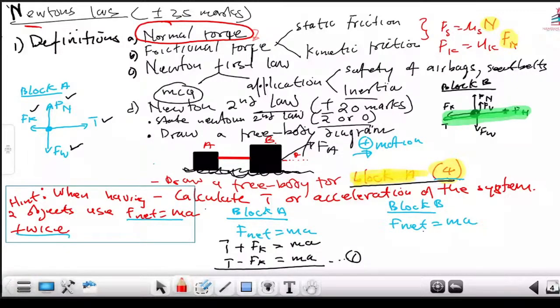The direction of the motion is still horizontal. So what force or forces are causing that? It is this force here, which is equal to F cos theta.